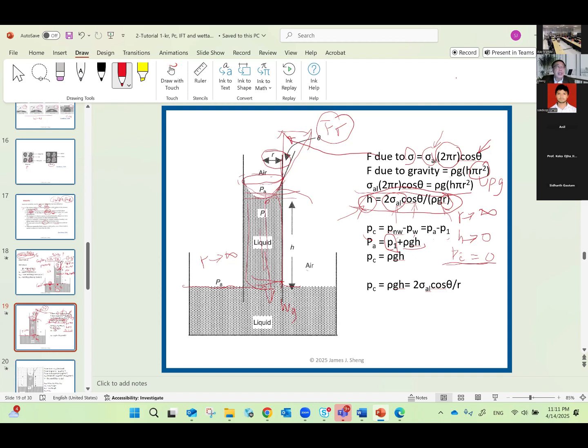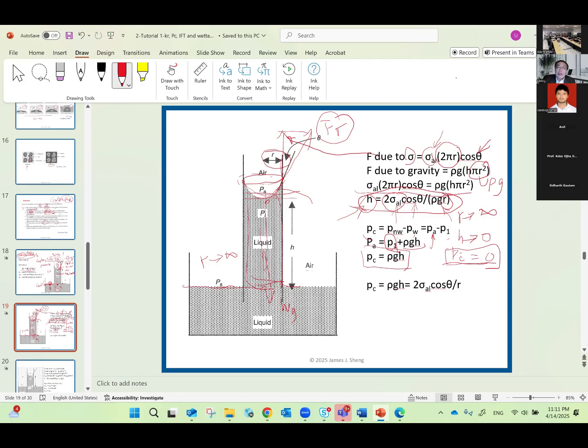Because that's the static gravity, the static water column. Putting this into the definition of PC, PL cancels. We get PC equal to rho g H. So when H is 0, PC is 0.